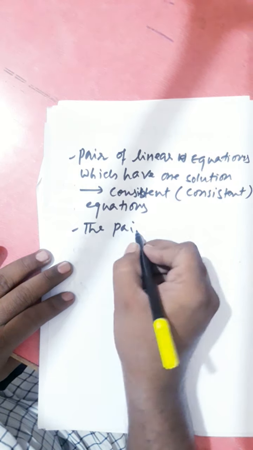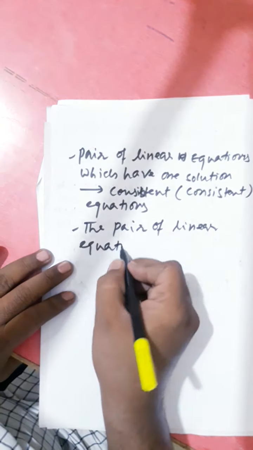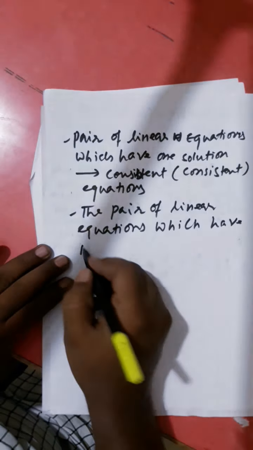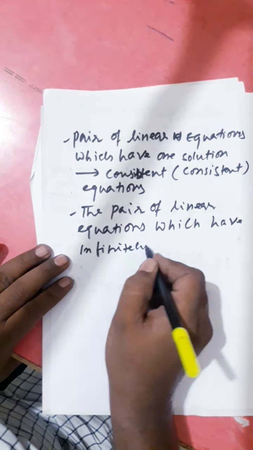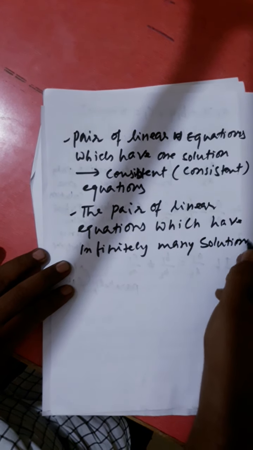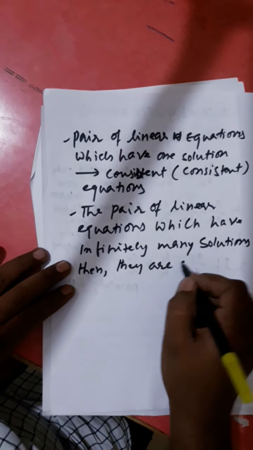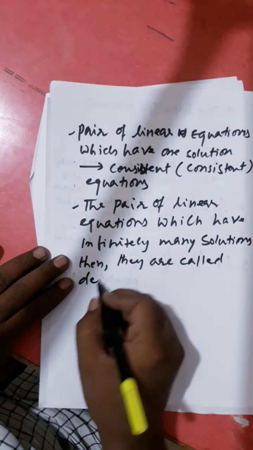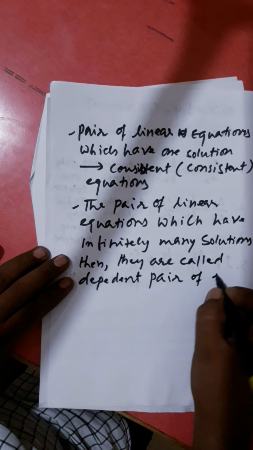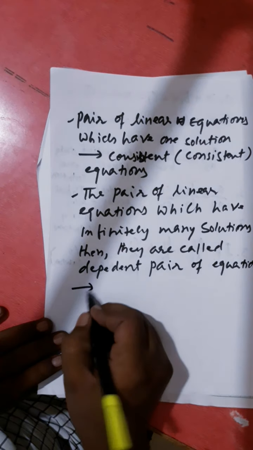The pair of linear equations which have infinitely many solutions are called a dependent pair of equations. Does it mean that they are consistent or not? 100% they are consistent.